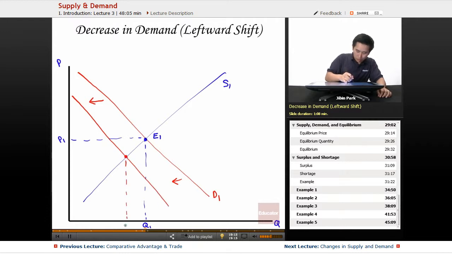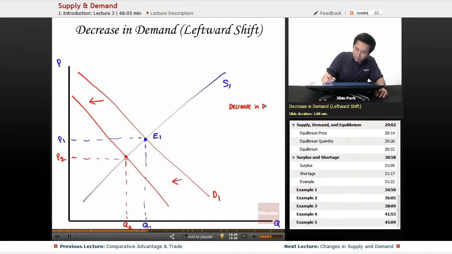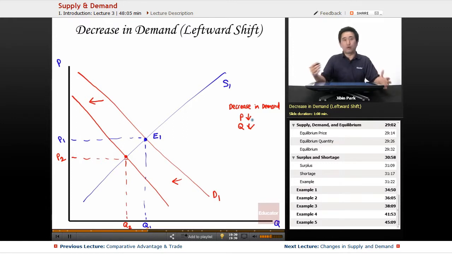And so the equilibrium quantity will decrease and the equilibrium price will also decrease here. So if there's a decrease in demand, then the equilibrium price goes down, and the equilibrium quantity also goes down. Those are two very straightforward examples of a demand increase versus a demand decrease.